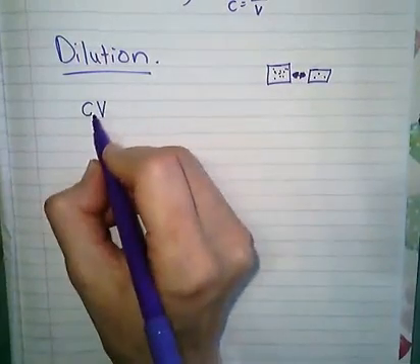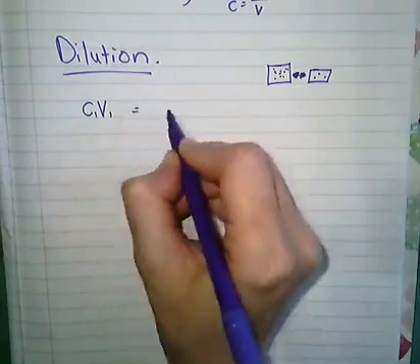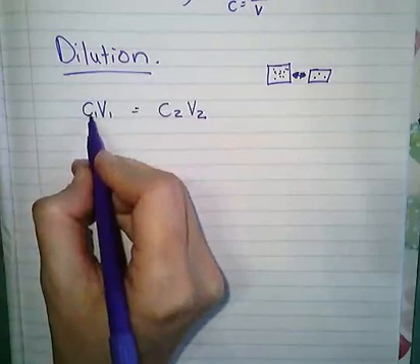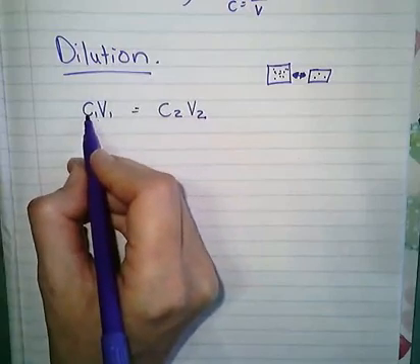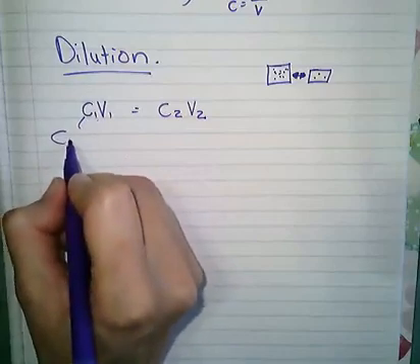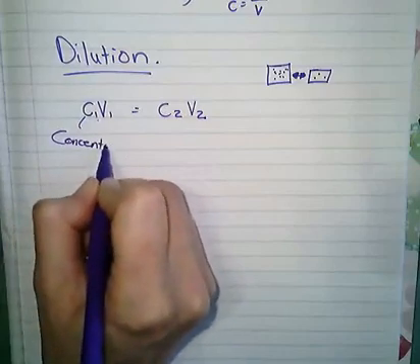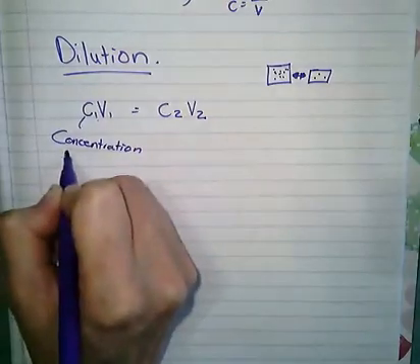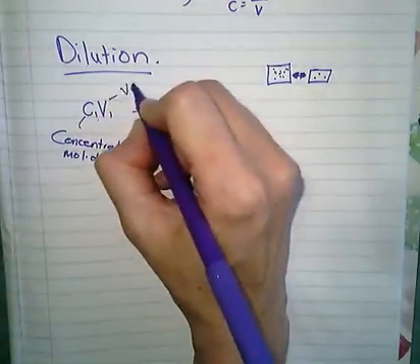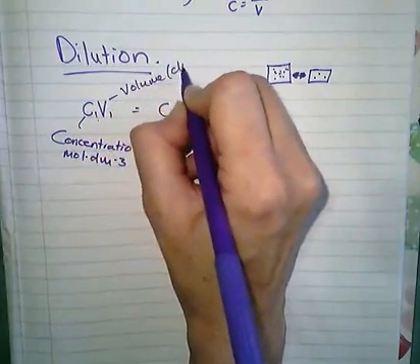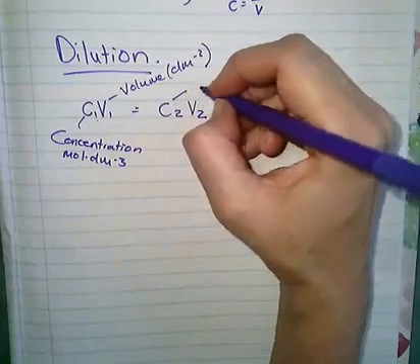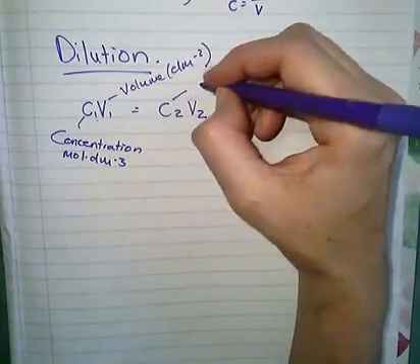which is measured in moles per cubic decimeters. V1 is the initial volume, which is measured in cubic decimeters. c2 is the wanted concentration, so the final concentration in moles per cubic decimeters, and V2 is the final volume that you want in cubic decimeters. All right.